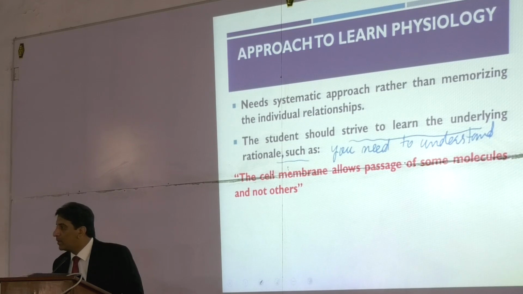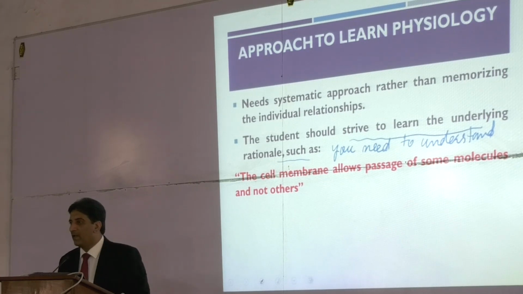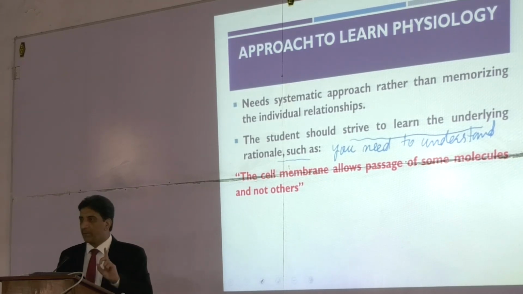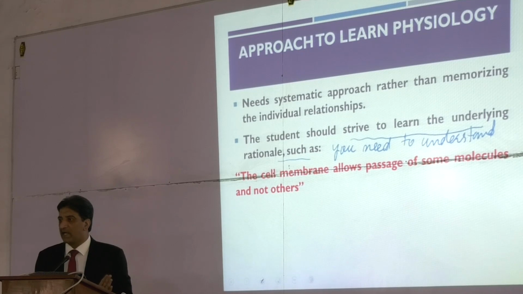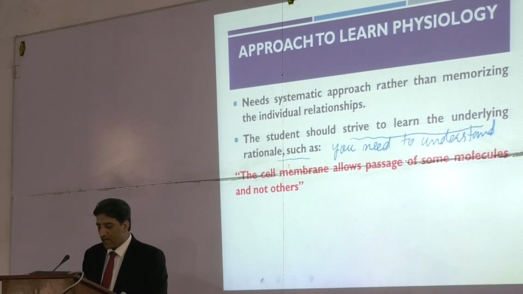What do you people do? You go for ratta. That this is feature of cell membrane, that some molecules they can pass through the cell membrane while the others cannot.